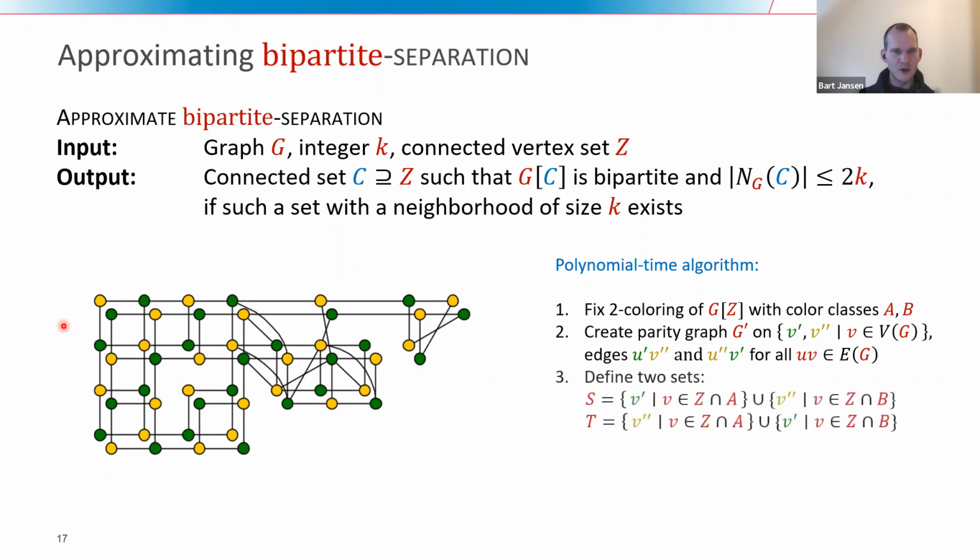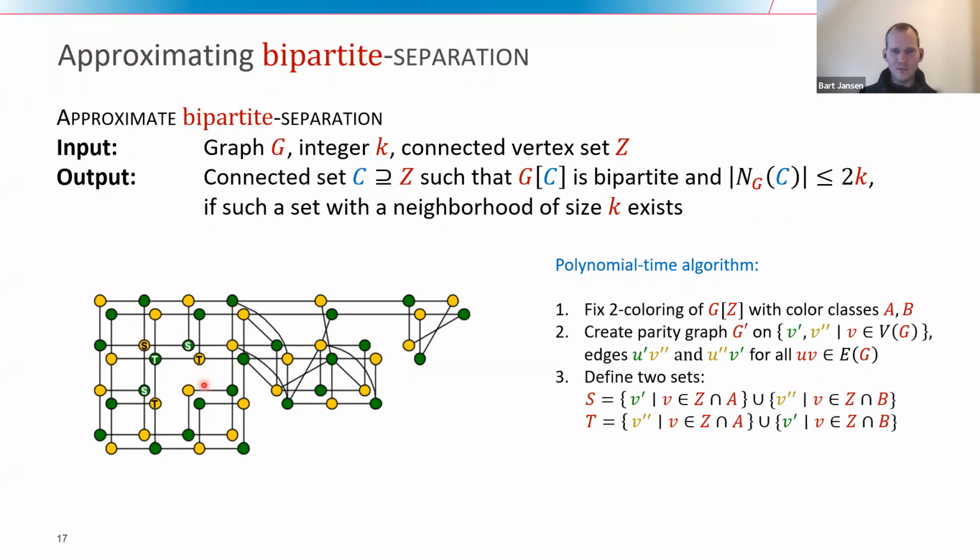So we're going to also define two vertex sets in our parity graph. Basically, for every vertex that was originally in Z, the thing we wanted to make a superset of, we put it either in S or in the T side.